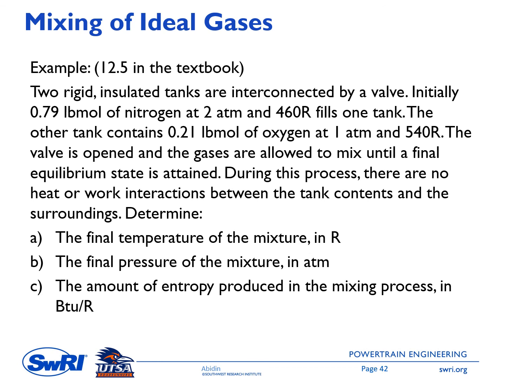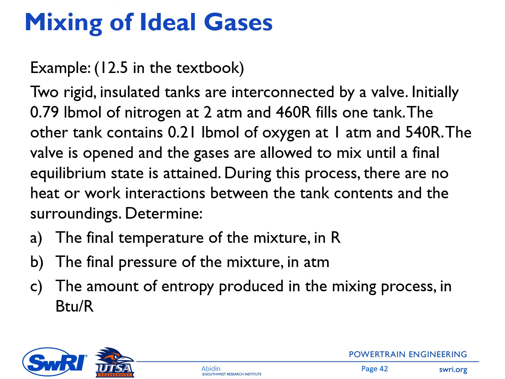Two rigid insulated tanks are interconnected by a valve. So we have two rigid insulated tanks here. Initially, 0.79 pound-mole of nitrogen at 2 atmosphere and 460 degree Rankine fills one tank.